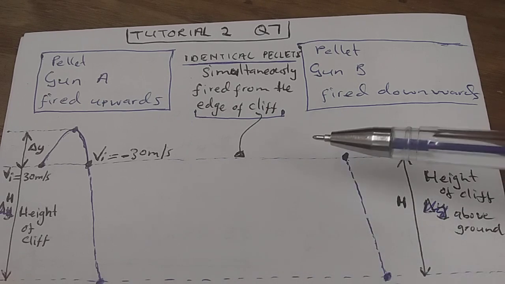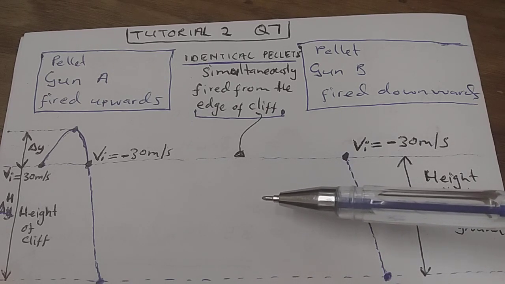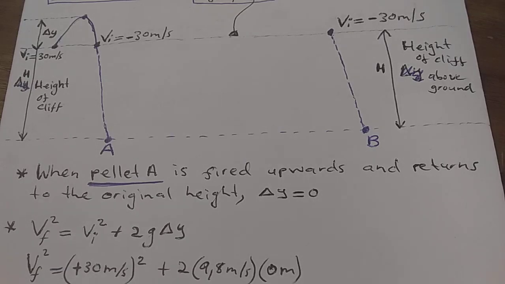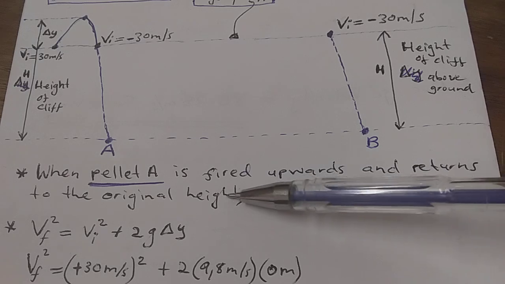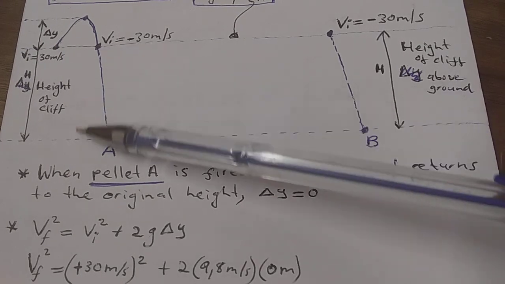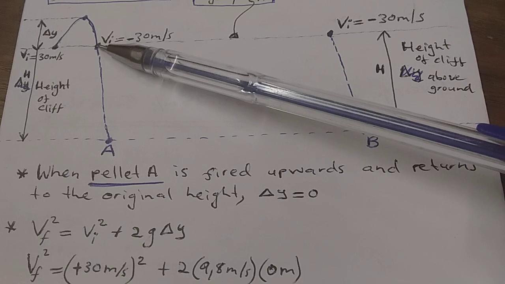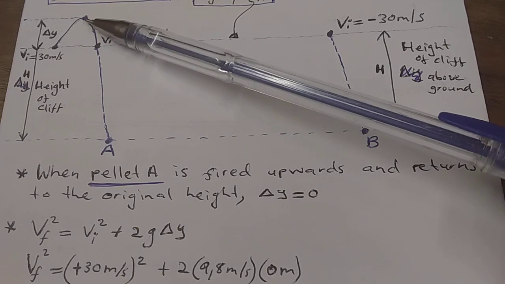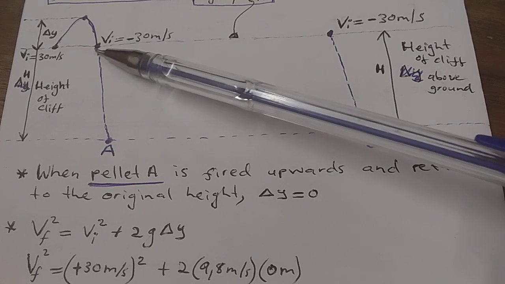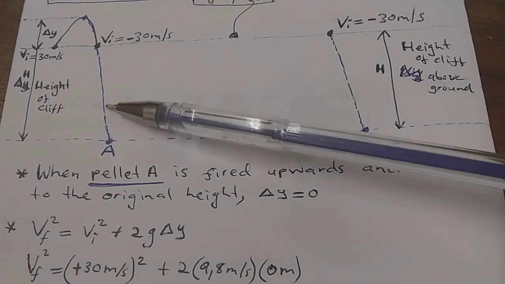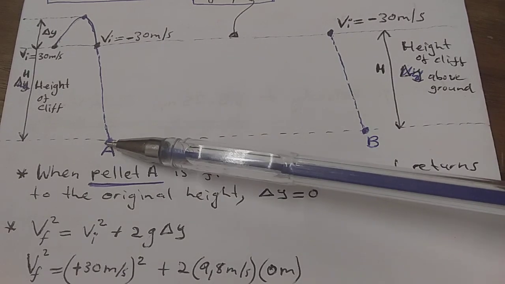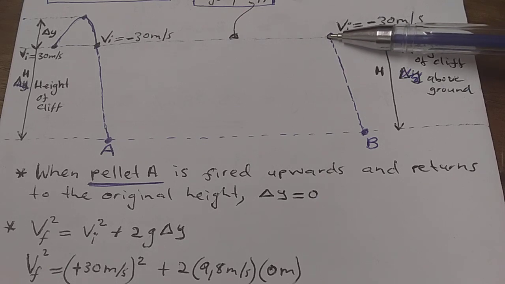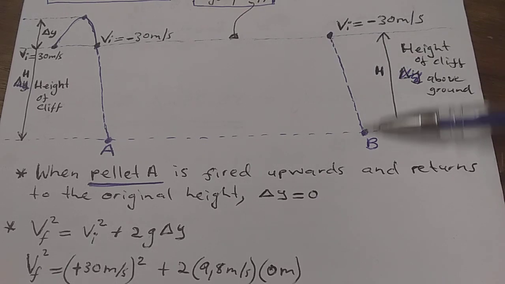So you can see from these two graphs that this side of the graph, from the initial level as it returned with the terminal velocity until it reaches the initial point, and from here to the ground, the shape is also the same as for pellet B from the cliff to the ground.